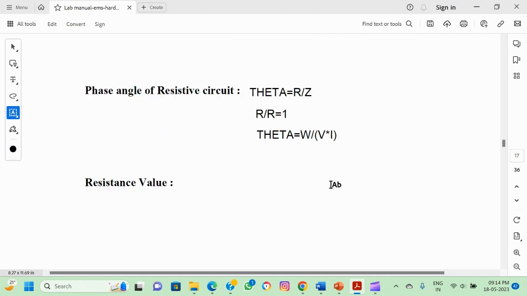Sorry, W is VI cos phi, so we will get cos phi here, not theta. You have to calculate the cosine inverse of this.